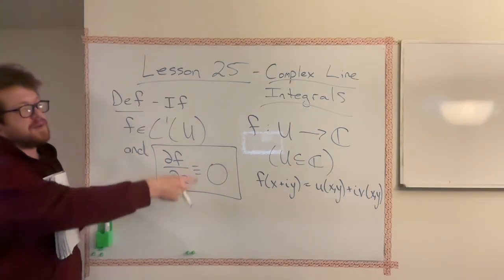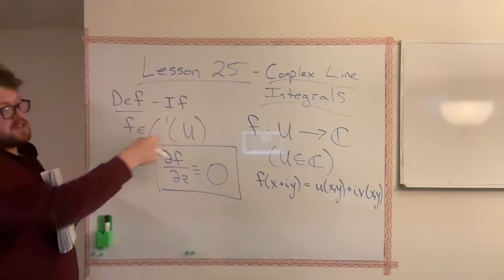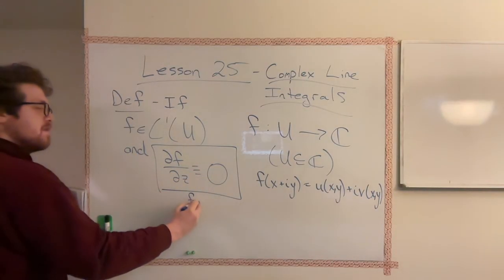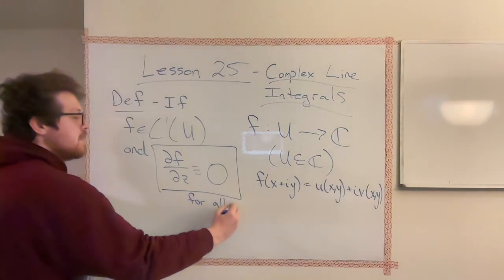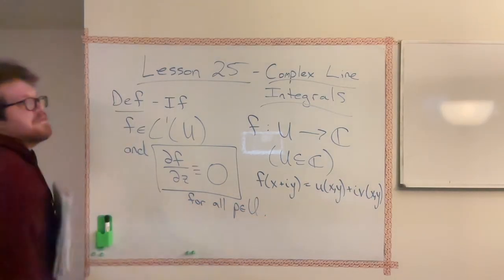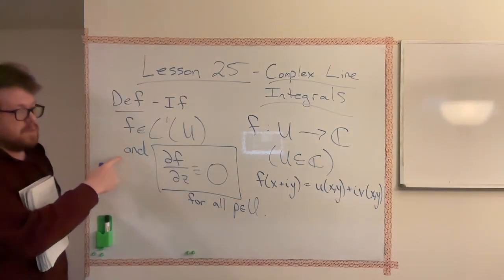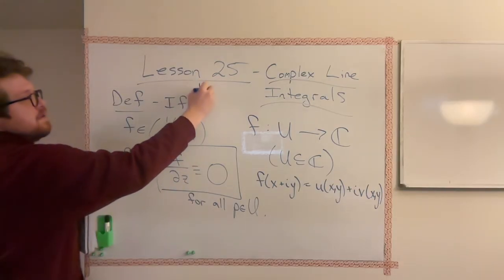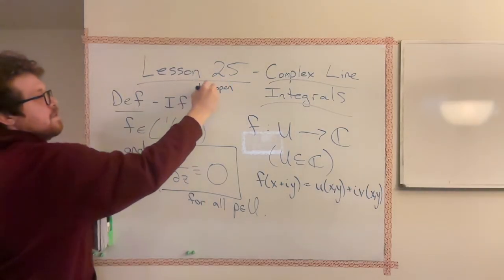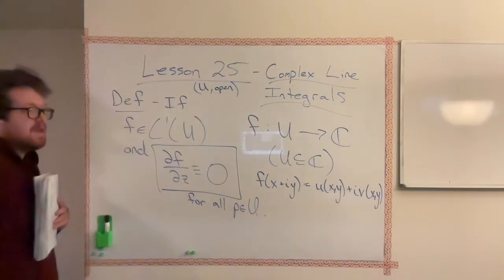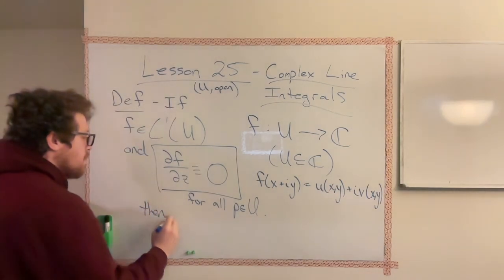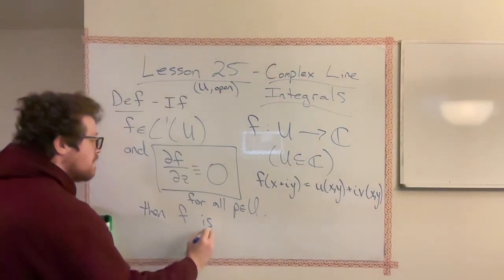The reason we make this the definition is that if this is 0 for all p in U, then we call f a holomorphic function on U, where U is usually an open domain, or just some open set. So then f is called holomorphic.